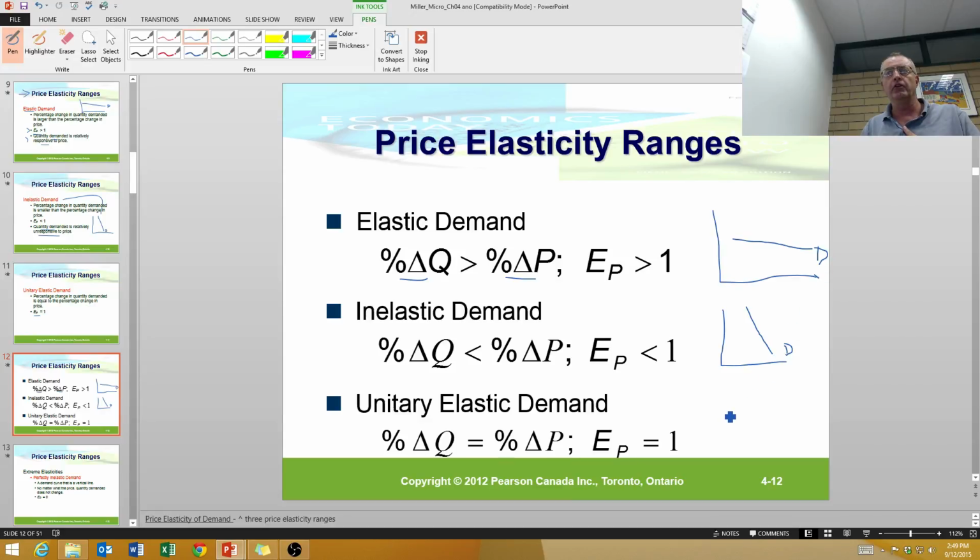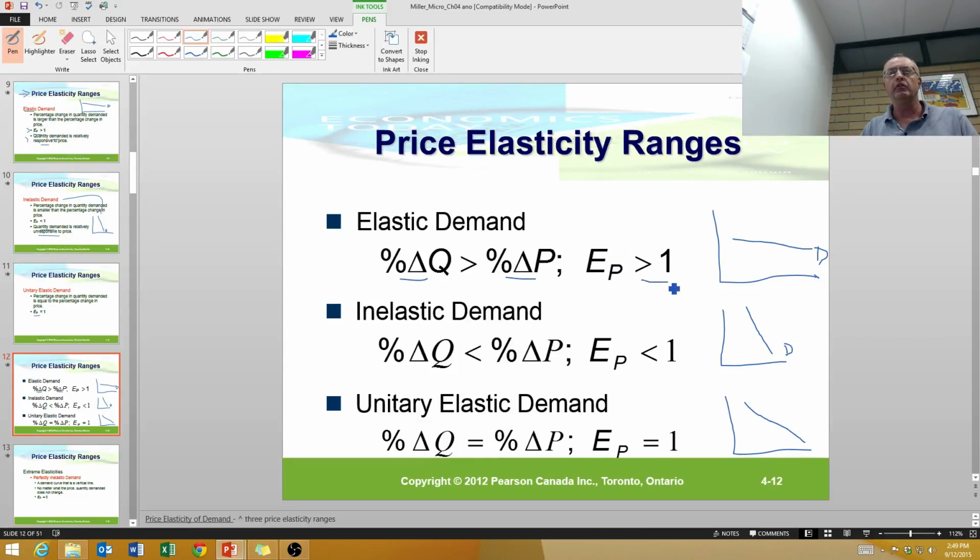And for unitary price elasticity, there's an exact offset. The percentage change in price is exactly offset by the percentage change in quantity, so our demand curve is sort of neutral. It's kind of drawn on a 45-degree angle.